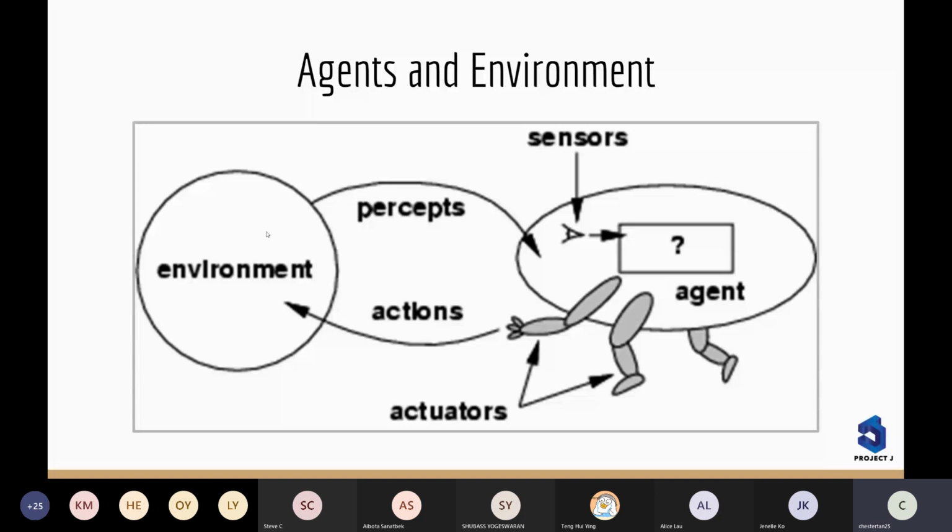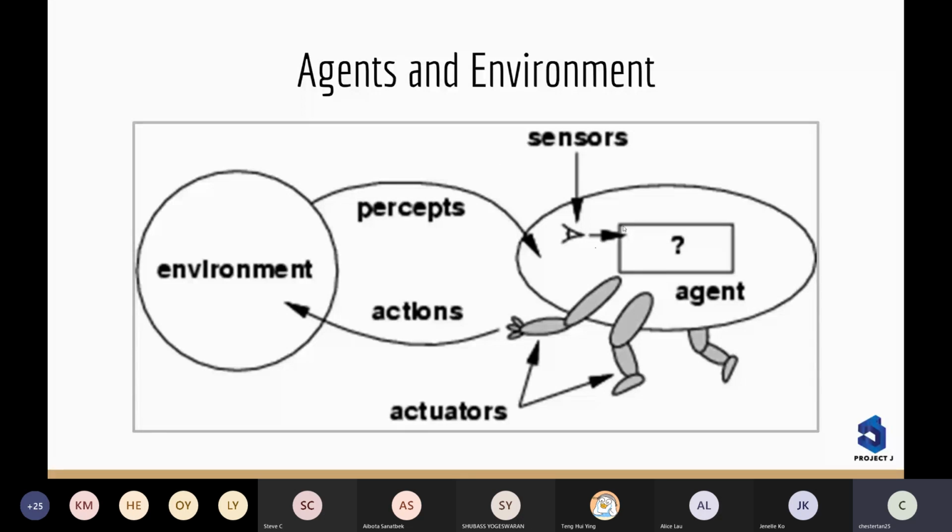So we get the percept from the environment, translate it to an action, then perform the action on the environment. This is the cycle for an intelligent agent, for example a chess playing board, or the vacuum cleaning machine, which we'll talk about later.